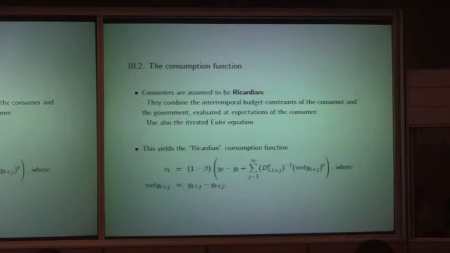This term in brackets is the net income in the current period of the consumer, plus the present value of net future incomes of the consumer. Where the Ricardian assumption comes in is that these net incomes are gross output minus government purchases, not taxes. The basic formulation would have taxes in it.